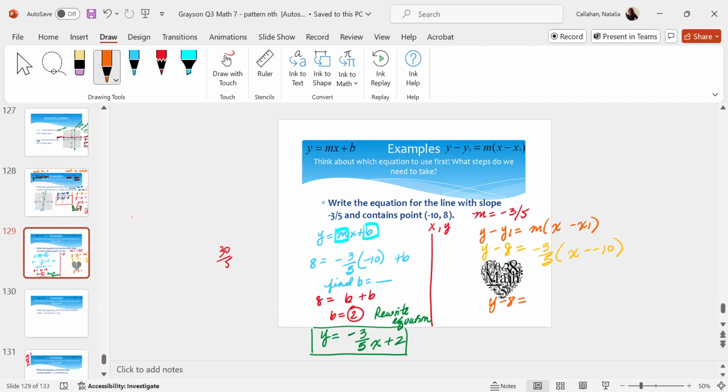So this right here is going to give you an x plus 10, right? You have to distribute that in. So it's negative 3 over 5x, minus negative 3, so you do this on the side. Negative 3 over 5 times 10. What is that going to give you?